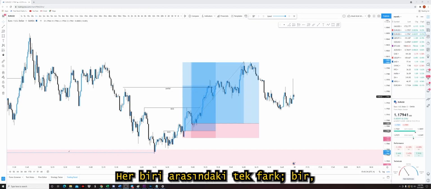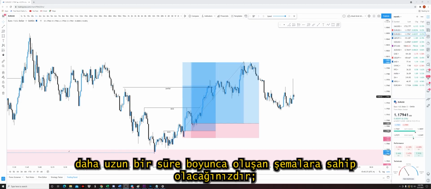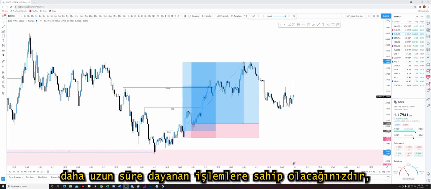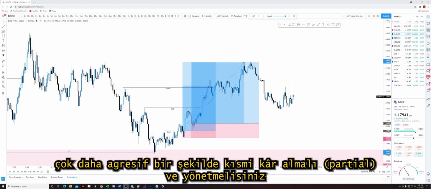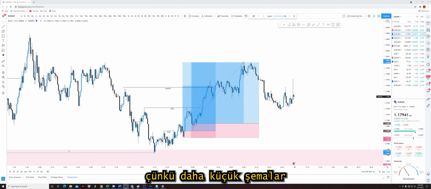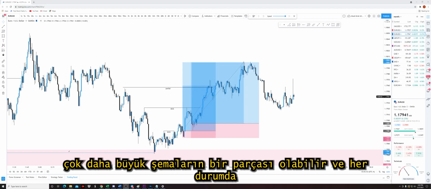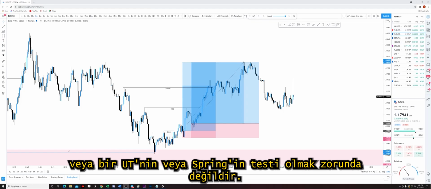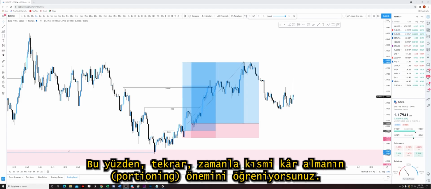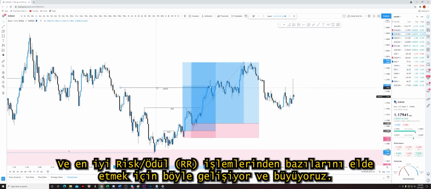The only difference between each of them is, one, that you're going to have schematics that form over a longer period of time, two, that you're going to have trades that last longer periods of time, and three, that when you get involved on lower time frame areas, you need to partial and manage a lot more aggressively, because smaller schematics can be part of much larger schematics and do not have to be the last possible area, or the last point of supply, or last point of support, or the test of a UTAD or a spring in every case, which is why, again, you learn about the importance of partialing over time. And that's how we breed and grow into getting some of the best RR trades.